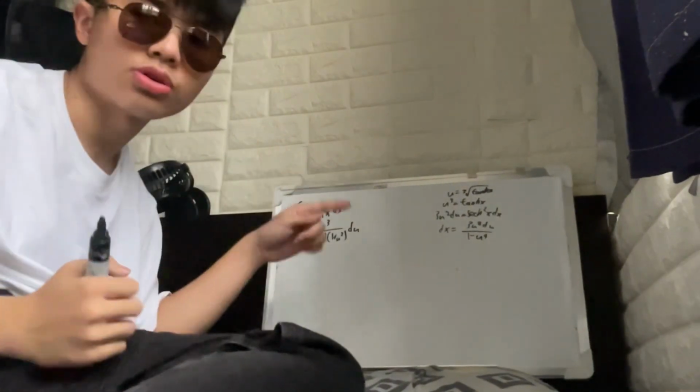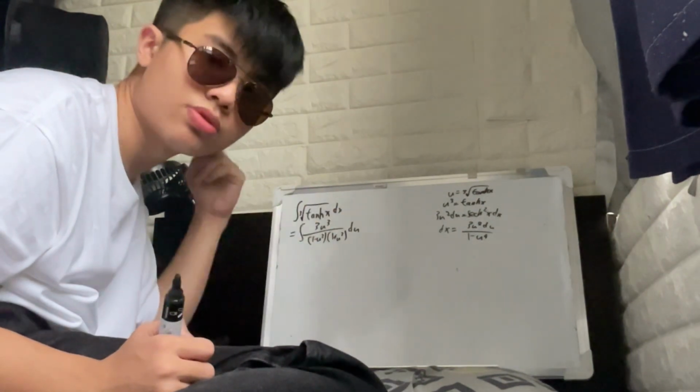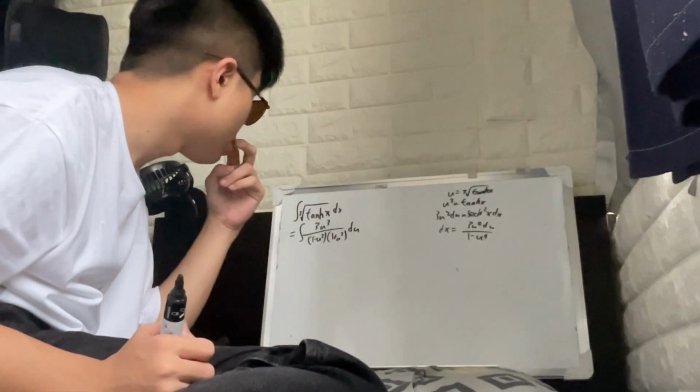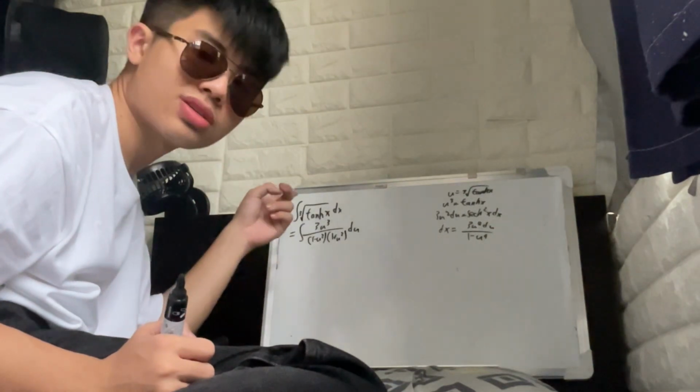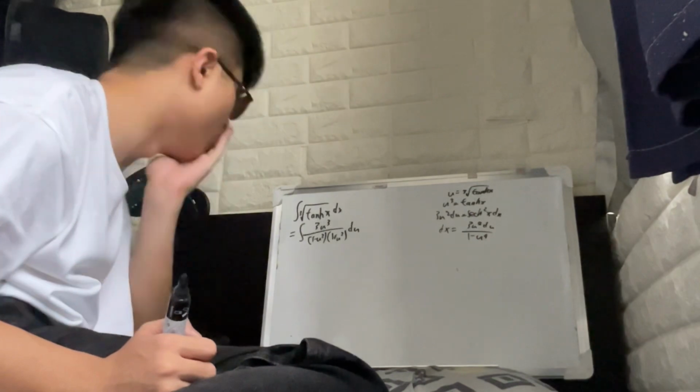But this time it's harder. We have a u to the power 3 here, so we can split it into two different fractions, right? So we're going to use some partial fractions here.